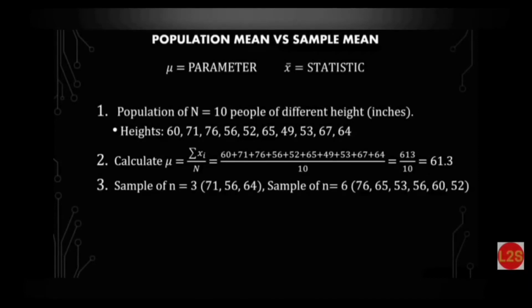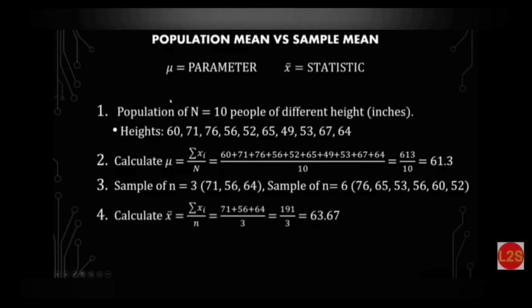When it comes to looking at samples, I thought it'd be nice to look at two different types of samples just to show you a kind of trend that tends to happen as you increase the sample size. So the first one is using a sample of 3, the second one is using a sample of 6. When you calculate x bar, you calculate the summation of each x just like before with mu, except you're dividing by small n.